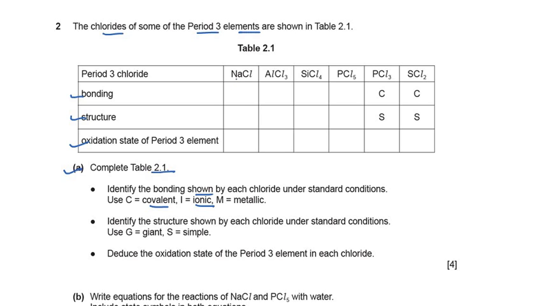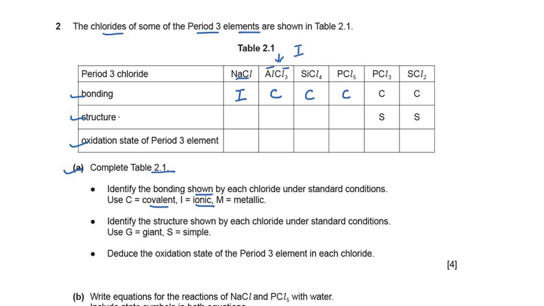Starting with NaCl, NaCl is an ionic compound, so I should write I. AlCl3 is supposed to be an ionic compound because aluminium is a metal and chlorine is a non-metal, but actually it exists as a covalent compound. Even if you write ionic, it is acceptable because it is supposed to be ionic, so both are acceptable. Silicon tetrachloride is purely covalent and phosphorus chloride is also a covalent compound.